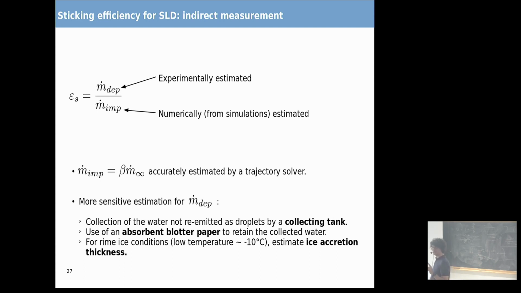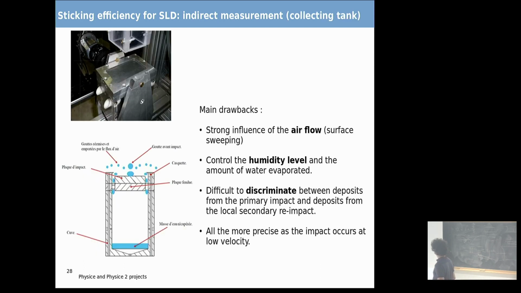This is an idea from NASA. And the third one, we use a particular condition, rime ice conditions, to estimate ice accretion thickness and to derive this sticking efficiency. So the first one, the direct measurement with the collecting tank.